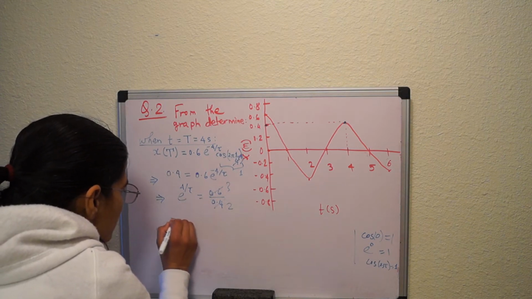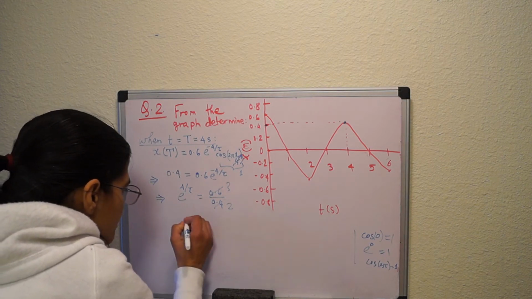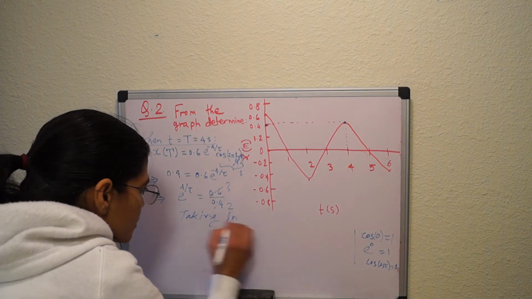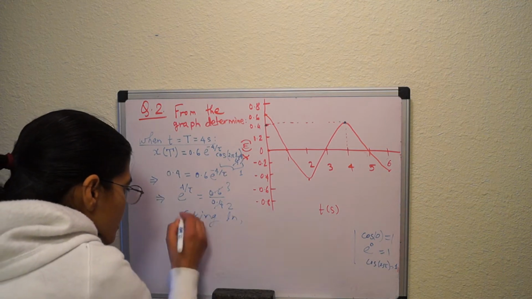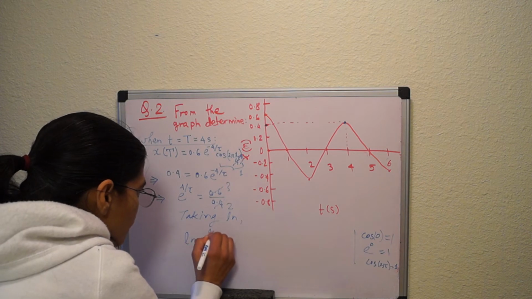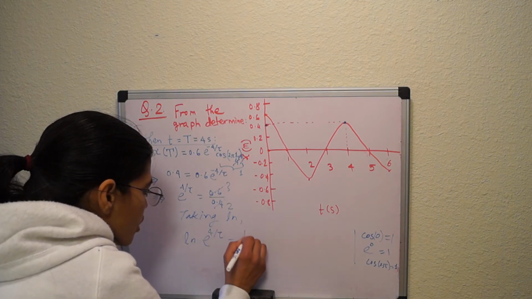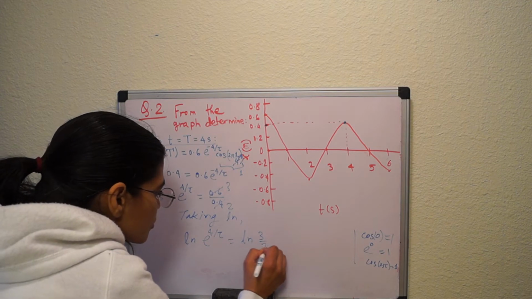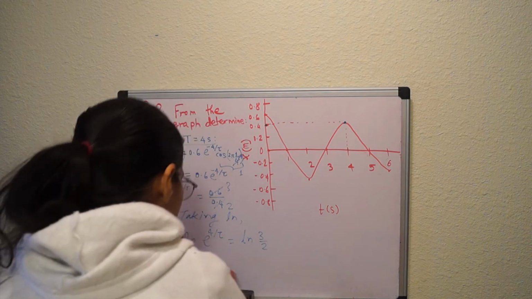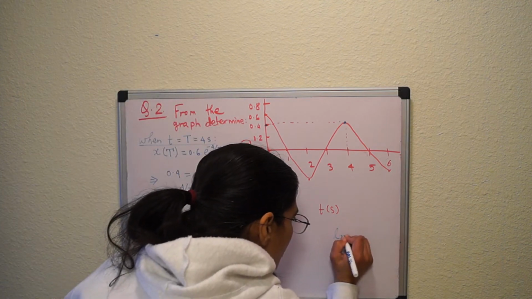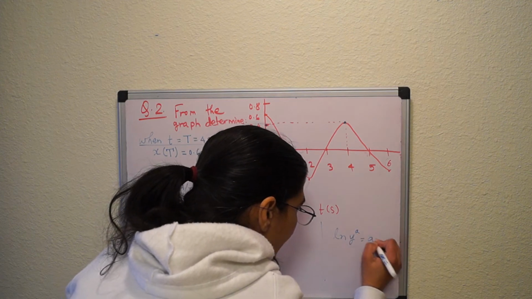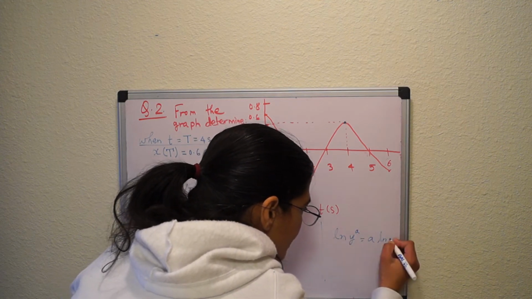Now let us take the natural log on both sides. We get ln of e to the power 4 by tau equal to ln of 3 by 2. Do you guys remember the property of the log? Log of y to the power a is simply a times ln y.